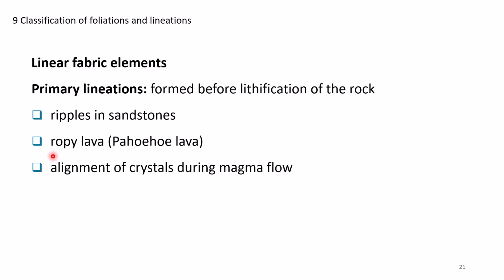They also could be the ropey shape of pahoehoe lava that forms before the solidification of the lava, or it could be the alignment of crystals during magmatic flow. If you have long prismatic feldspars or amphiboles in a magmatic rock and they get aligned during magmatic flow, they could present a lineation that you will be able to identify after the solidification of these rocks.